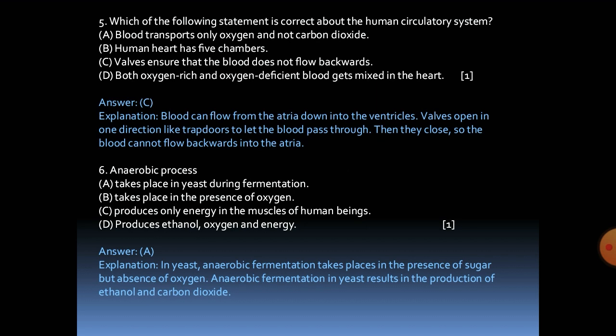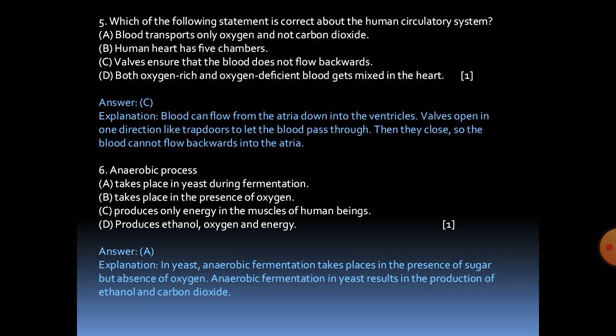Option B, human heart has 5 chambers. Option C, valves ensure that the blood doesn't flow backwards. Option D, both oxygen rich and oxygen deficient blood get mixed in the heart. So the correct answer will be C, and the explanation is also mentioned.